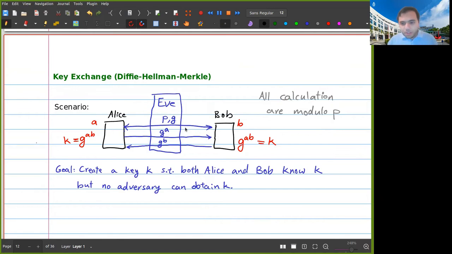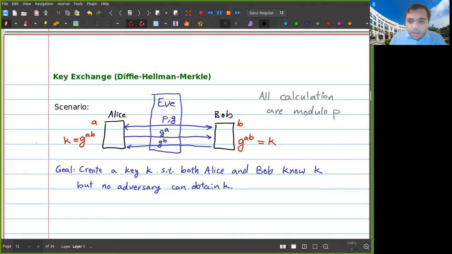So just to remind you what we were doing here. Consider this scenario where Alice and Bob are communicating over an unsecured channel, and they wanted to have some shared key K such that both Alice and Bob can know this value K, but no adversary who's just seeing what's happening on the channel can somehow obtain it.